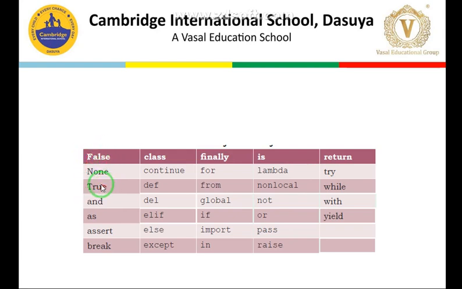For True, the T should be capital, the rest in small case. Similarly for None also. If some keywords are totally in small case, you have to write them as they are. We cannot make changes in the keywords. Keywords also cannot be used as a variable, which we will see in the programming demonstration. So this is the list of keywords available in Python.